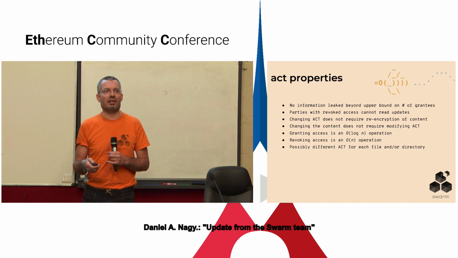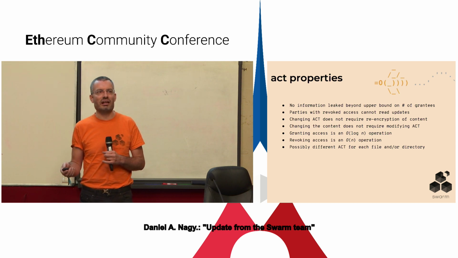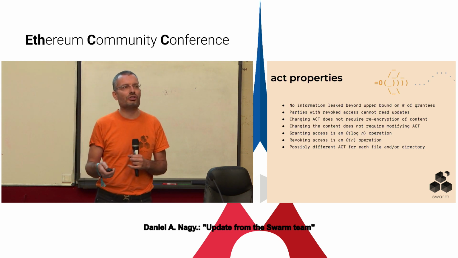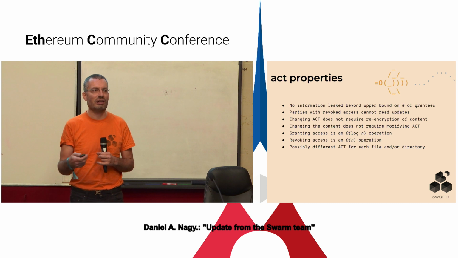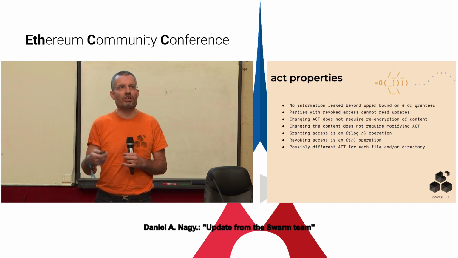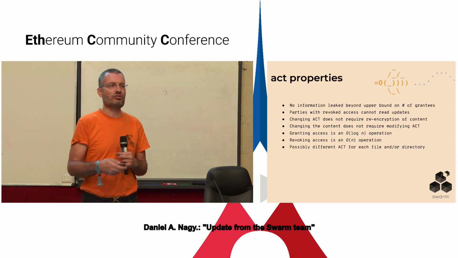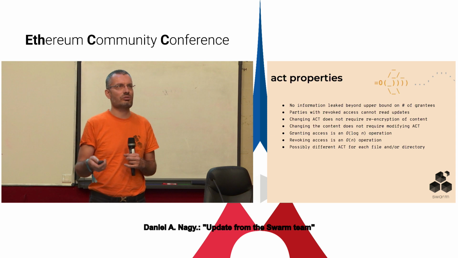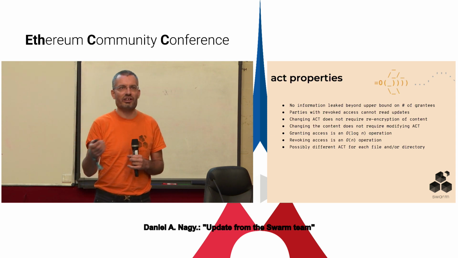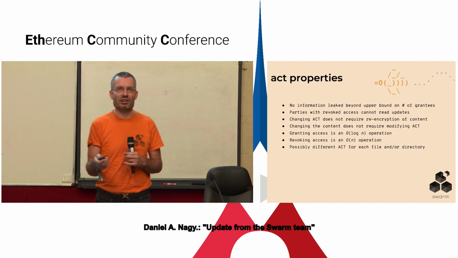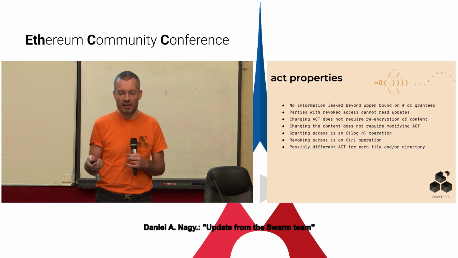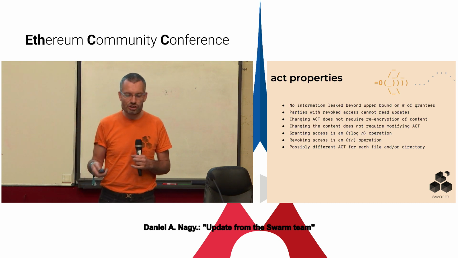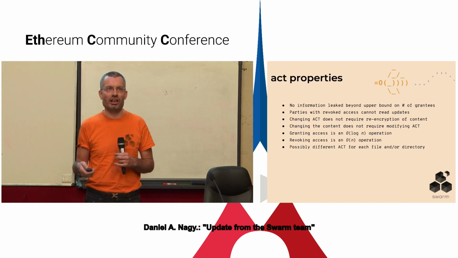Also, it's been a very important design goal that we managed to fulfill, that the usual operations of changing access permissions never require the re-encryption of large amounts of data. So whether you're granting access or retracting access to various parties, you just need to re-encrypt a little bit of data, basically keys, and you will have immediately changed the ACT.